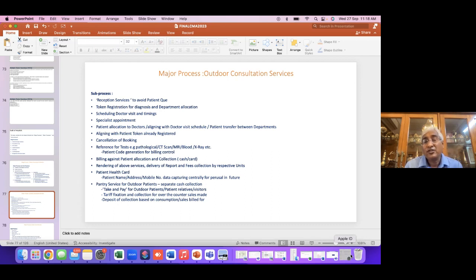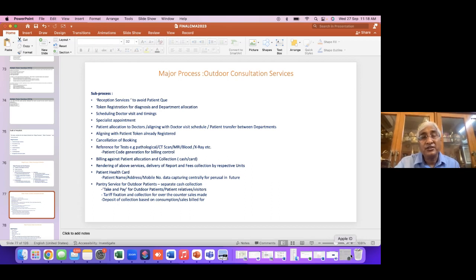And also the hospital authority should look into the aspect of the patient party or the patient relatives. There should not be a big queue, so that the patient's disease may not be aggravated. So the reception services should be prompt and with an appropriate system so that people can register in the quickest possible time.